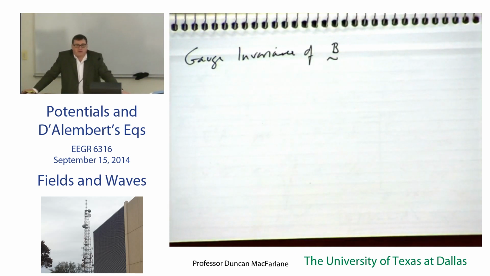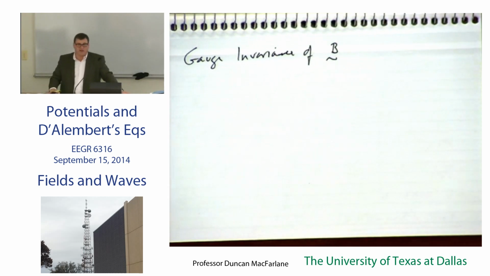It's an old-fashioned term. It's really just how you calibrate your gauge, where you're gauging your height from in your MGH analogy that I was talking about. And remember, B is what kicks the electron around. It's the force that accelerates the electron, QV cross B.